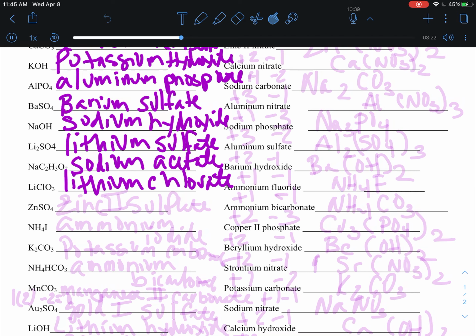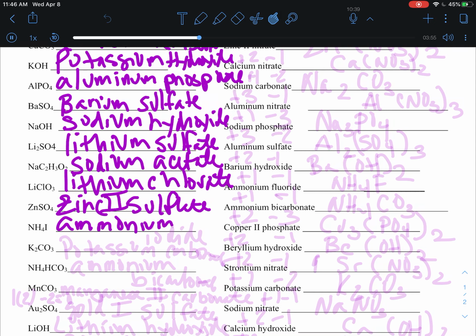I'm trying to find, oh, there we go. If you look at the back of your periodic table, and I may have to post one, if it doesn't have a multiple charge, then you don't have to write the Roman numeral. But doing it as we've been talking about it, this would be zinc sulfate. We could put 2 there.